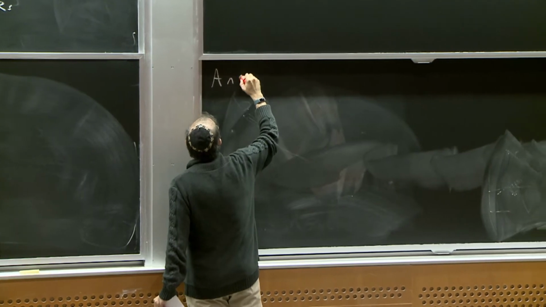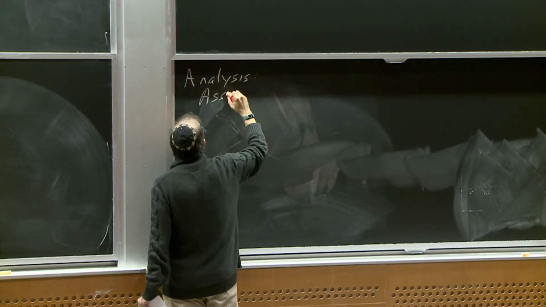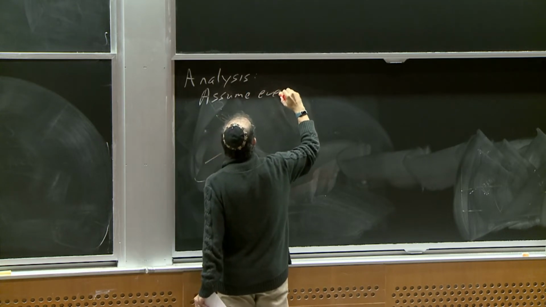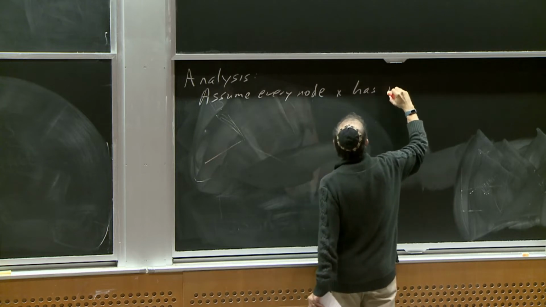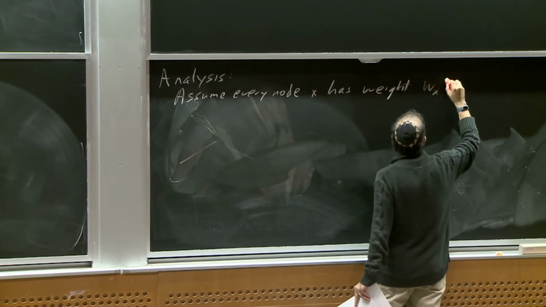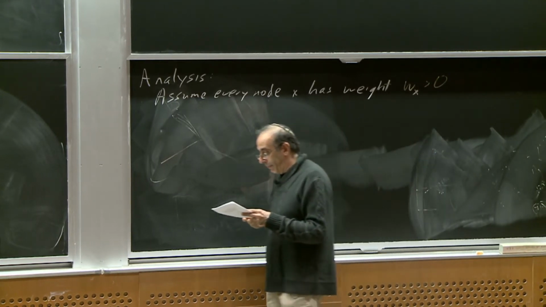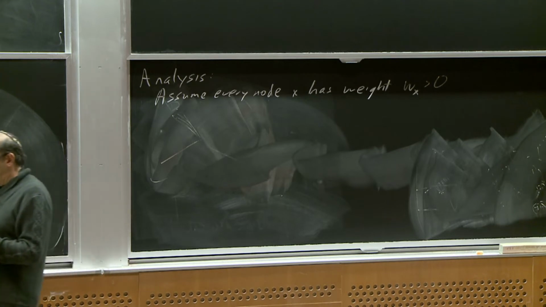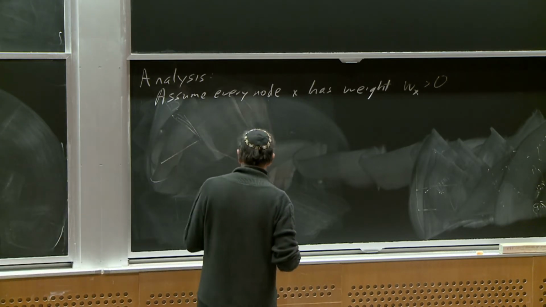So in order to analyze splaying, I'm going to assume every node x has a weight w sub x. And all I'm going to require is that they be positive. 0 would not be good.